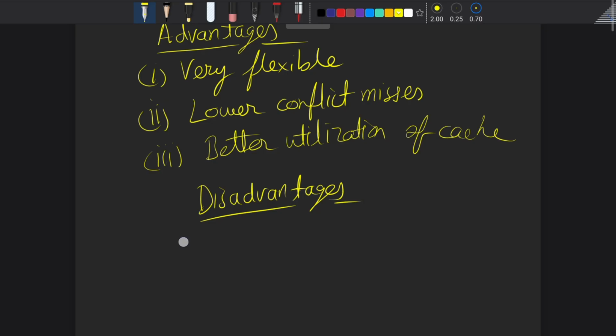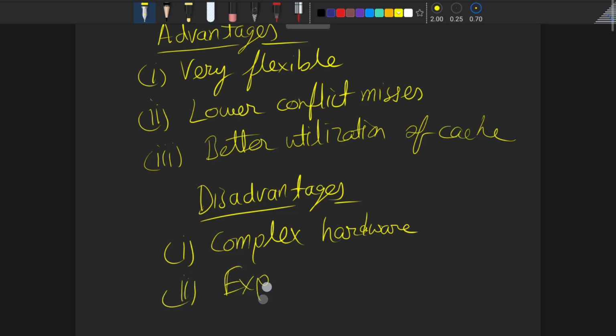And for these things to happen, we need complex hardware, which is expensive, and thus associative mapping becomes expensive, and it also needs parallel comparison of all tags.